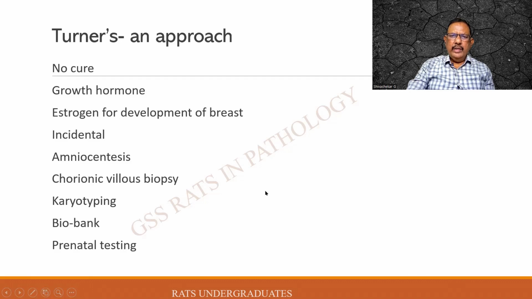Karyotyping, as I told you earlier and shown you in the pictures, can be done. There is something called a biobank in which we will be able to study the genetic material. Prenatal testing by means of these will be mandatory, and it can be the decision of the pediatrician and the parents whether to continue with the pregnancy or not.